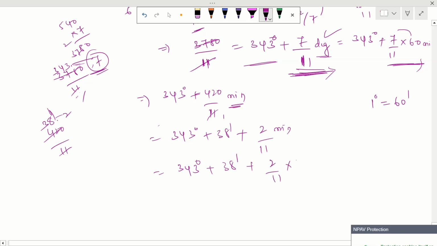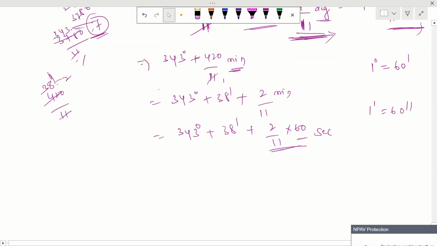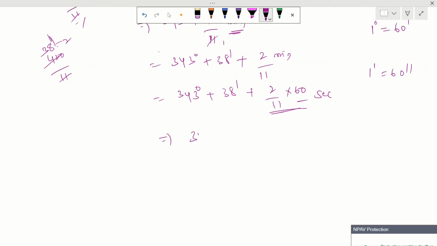If I multiply by 60, this becomes seconds, because 1 minute is 60 seconds. 2 into 60 is 120, so 120 by 11, which is in seconds. Divide 120 by 11 separately. 11 ones are 11, 1 remains, put 0 to make 100. 11 nines are 99, 1 remains.